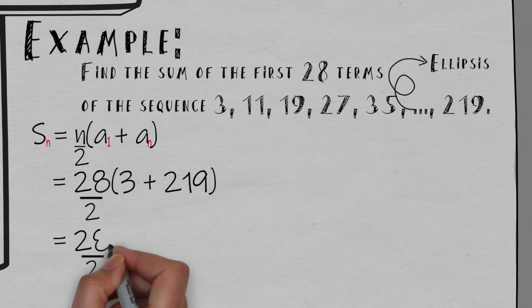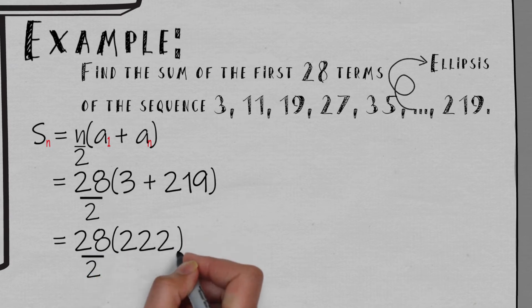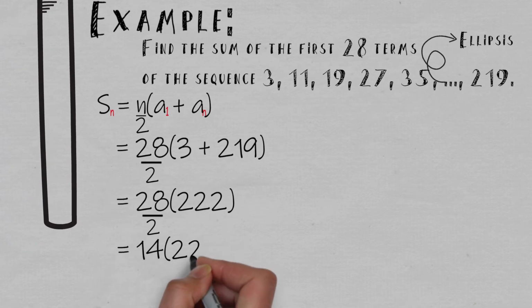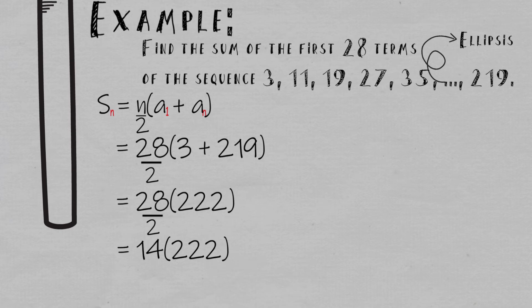Then, let's apply the indicated operations. Let's follow GEMDAS. The first one would be 3 plus 219, and that would be 222. Then, let's continue. Actually, this is interchangeable. You could do the multiplication first, or you could do the division first. In our example, we had the division first.